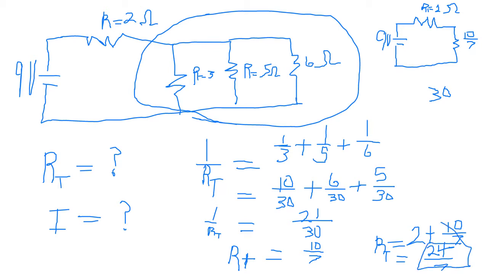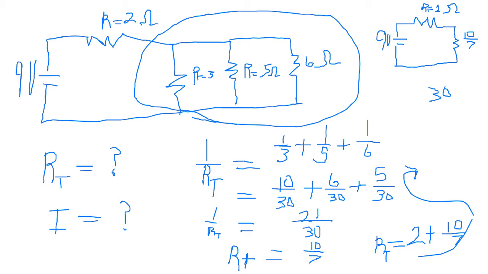Let me write it up here. If you come up here and find your common denominator, obviously it's 7, so it would be 14 over 7.